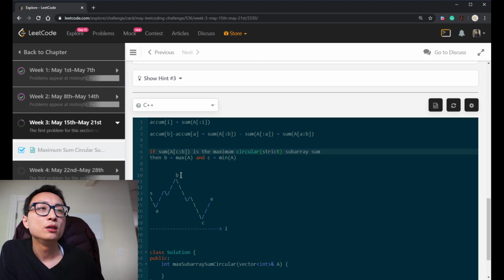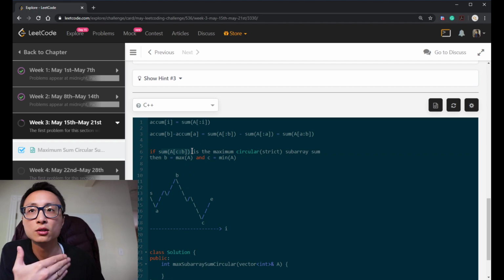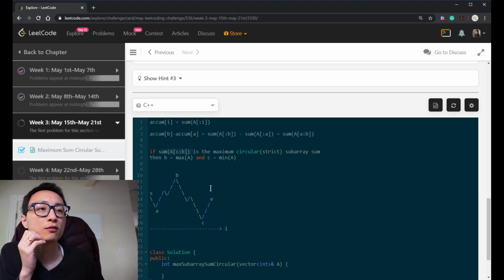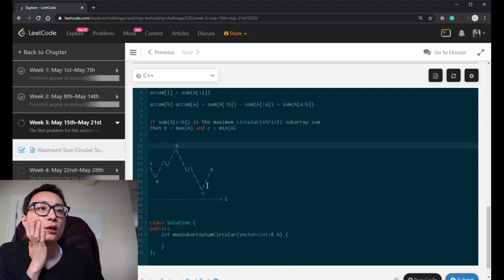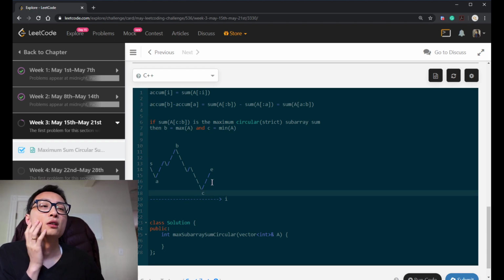So if the B is between S and C, we could extend this value to that highest point to have this be even higher and still be in a strict circular fashion. If it's between C and E, we don't need the circular subarray sum. We can just get the regular subarray sum to be this maximum. So it's a similar rationale to the C. You can work on that by yourself.